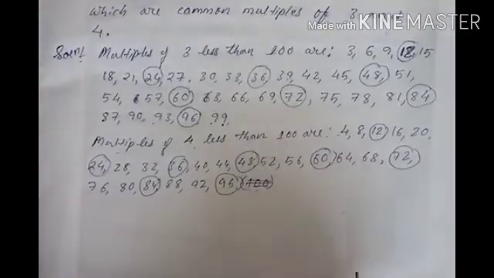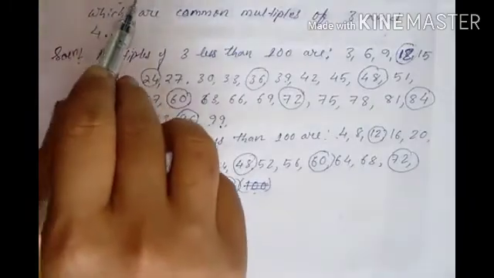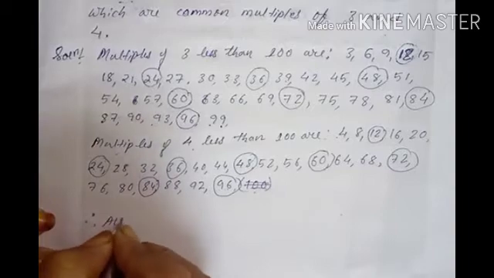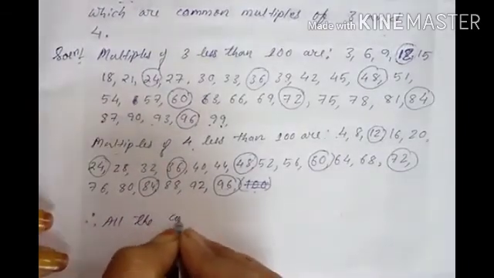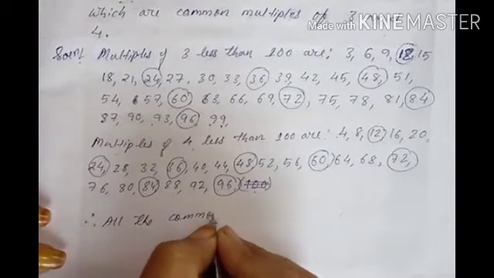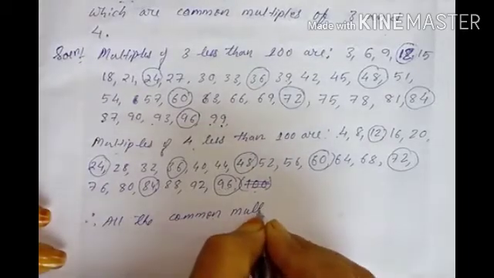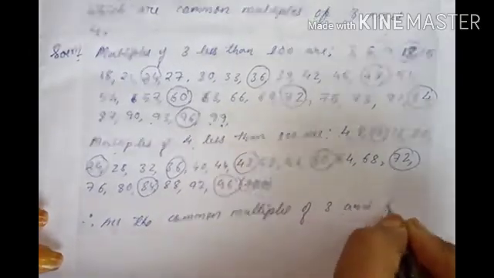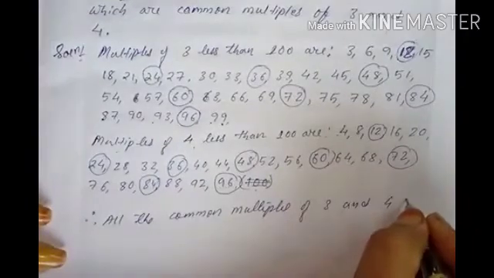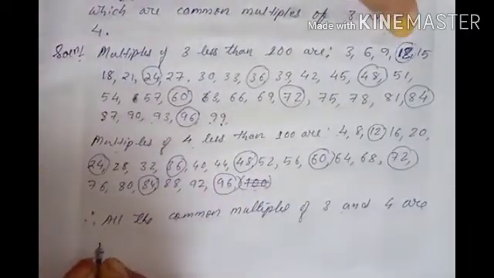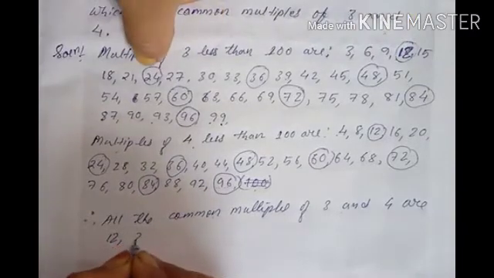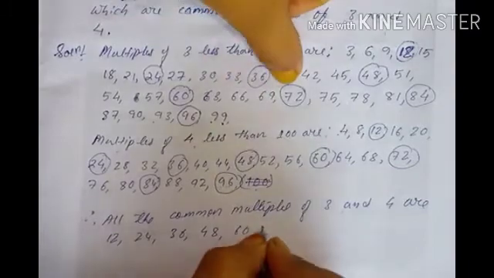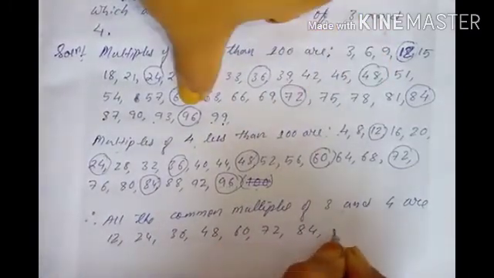So how many numbers did we get? We have to write all the common multiples of 3 and 4. So all the common multiples of 3 and 4 are what we got: write all the circled numbers: 12, 24, 36, 48, 60, 72, 84, 96.